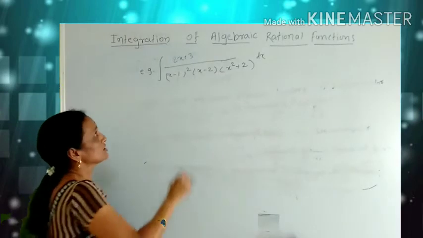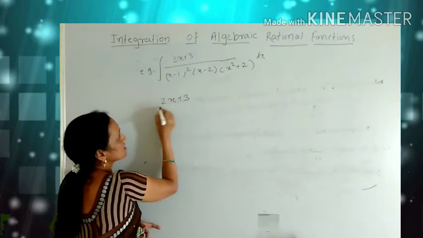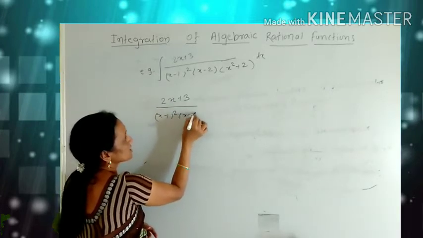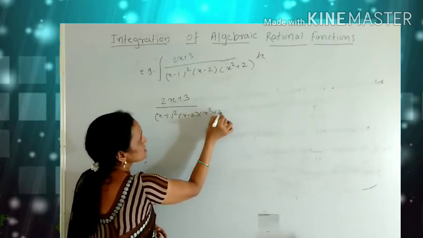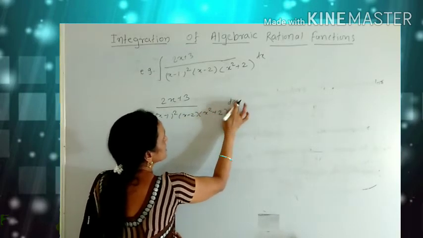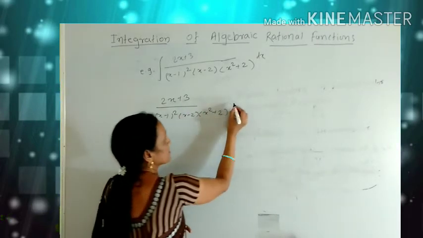Means for the decomposition we consider the function (2x plus 3) divided by (x minus 1) square, (x minus 2) and (x square plus 2). We consider only the function for the partial fraction.